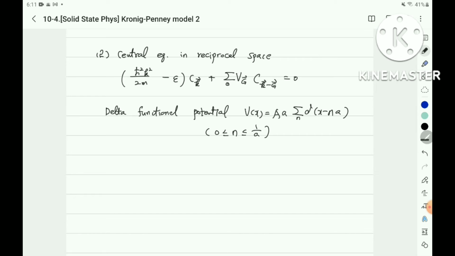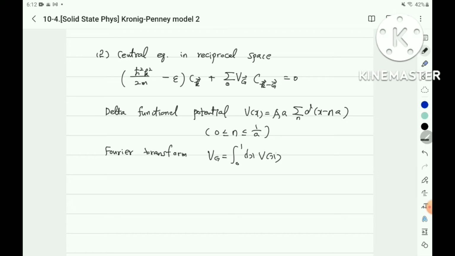And the Fourier transform of the potential, V_G, is the integral from 0 to 1 of dx V(x) times exponential of i g x.